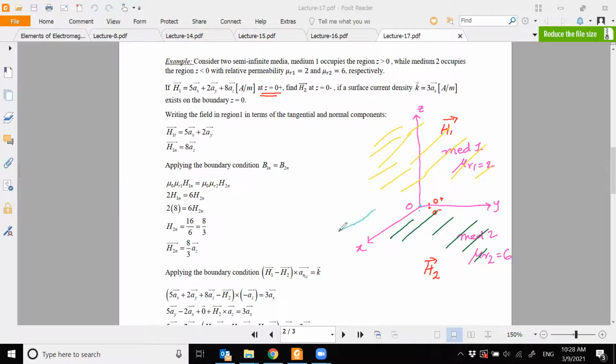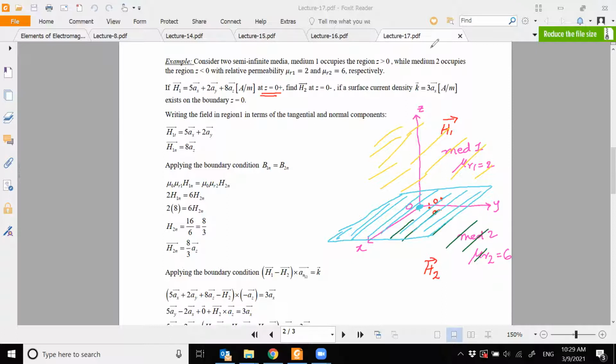So let me just draw it. So this will be our boundary, and just to tell you, this 0 is staying in this boundary. So this is my boundary, XY. Guys, it's very important to visualize your problem to identify the correct tangential and normal components.